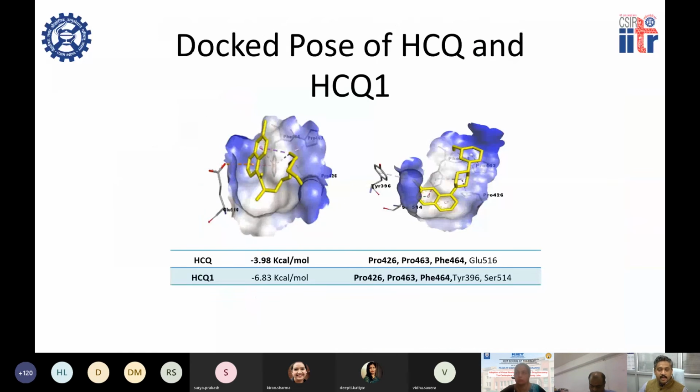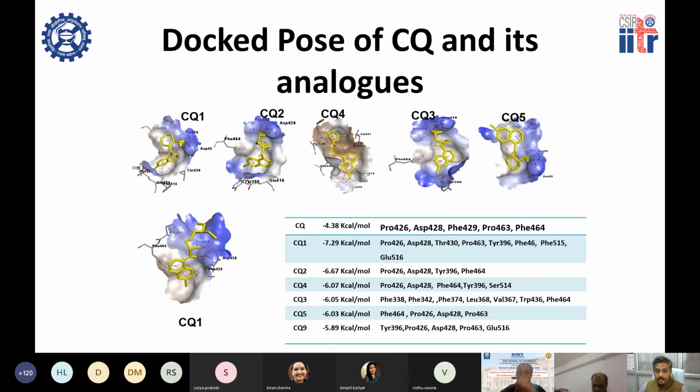So we removed them, and finally we got the selected compounds which have potential to interact with the targets of the COVID-19 SARS-CoV-2 viral proteins, as well as we studied how they are going to interact with the host system also. So that's how we made a very comprehensive study.